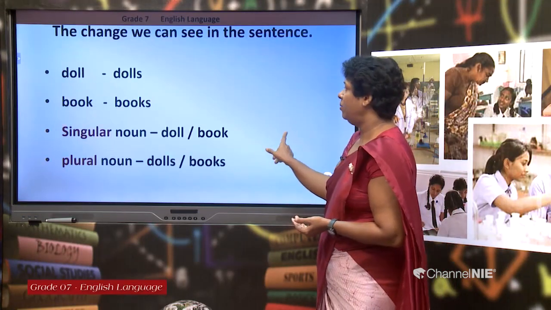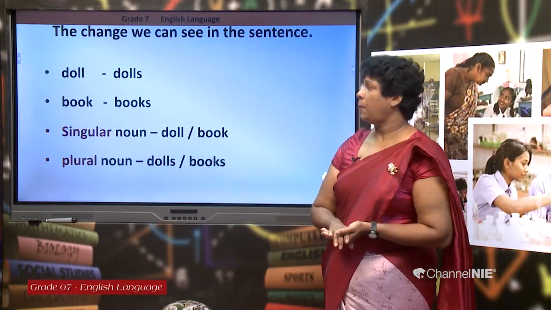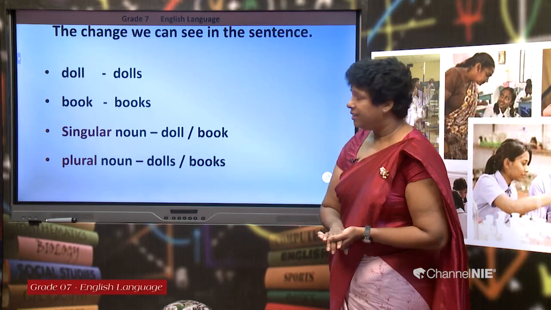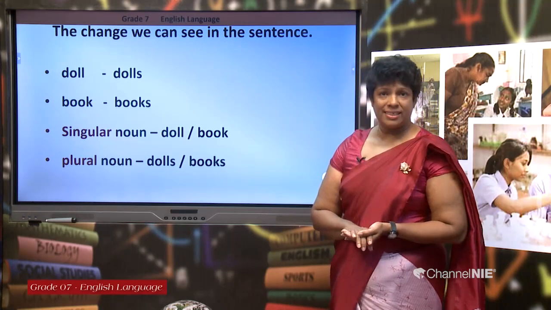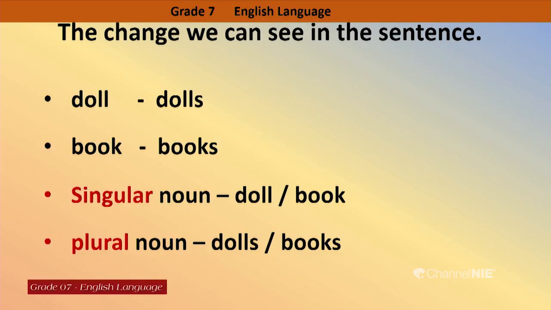Let's see them in detail. Doll has become dolls. Book has become books. Now you can see singular noun, doll, book, plural noun, dolls, books. What has happened there?